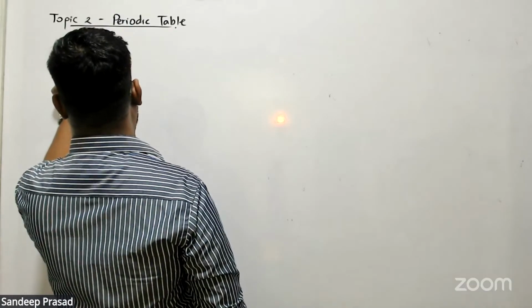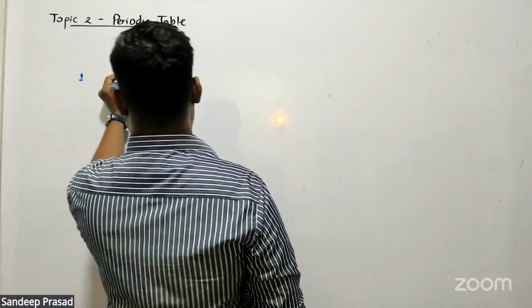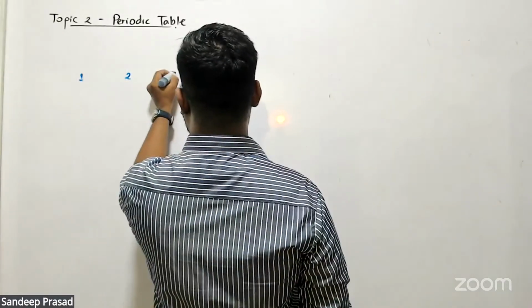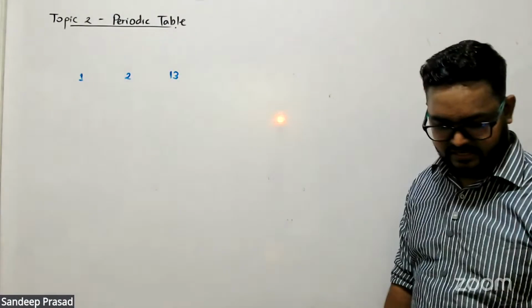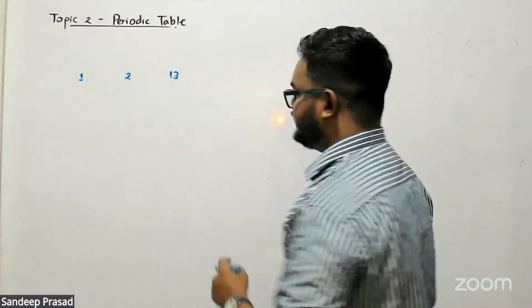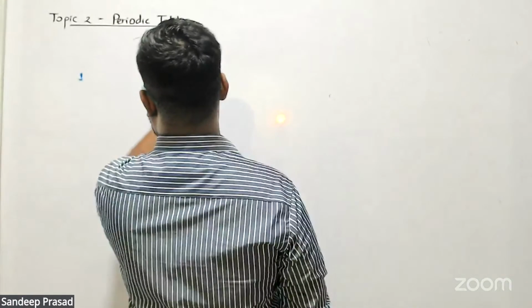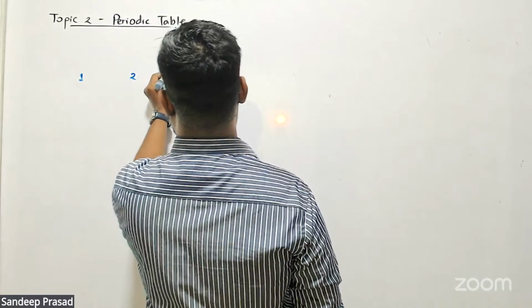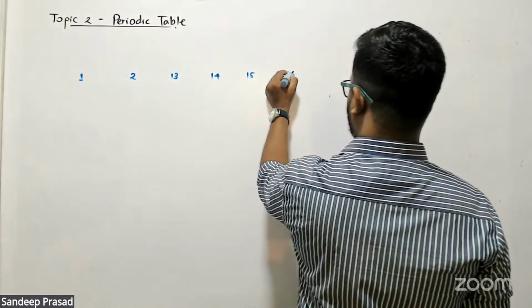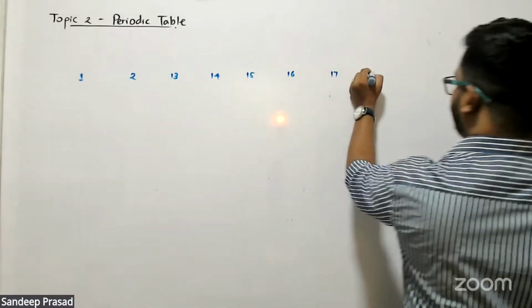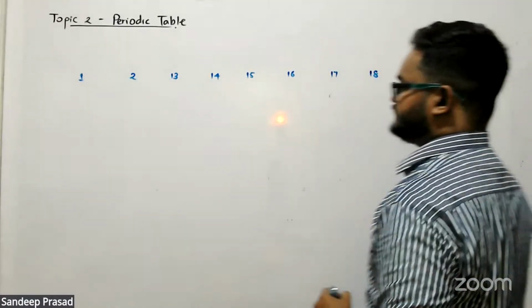Group number one, group number two. In O levels, you learn that after group number two, it is three. But remember, students, in A level, we are learning exactly. They are group number 13, okay? Group number 13, group number 14, 15, 16, 17, and group number 18.